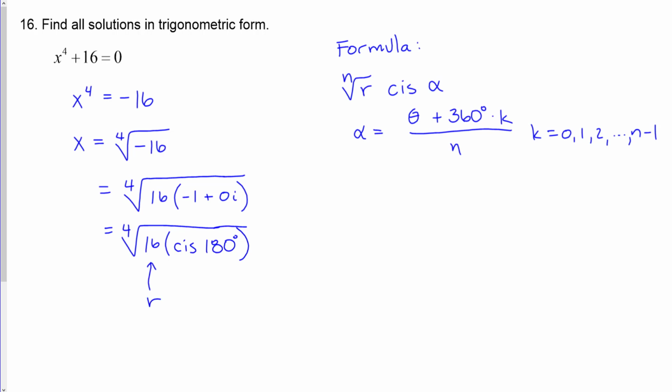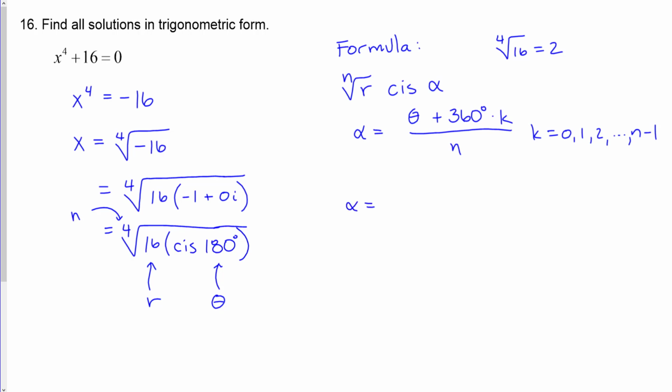This is my r, this is my n, and this is my theta. So the nth root of r is just the 4th root of 16, which is 2. Okay? So the 4th root of 16 is 2. That's that part. Now CIS alpha, we need to figure out what alpha is for different values of k.